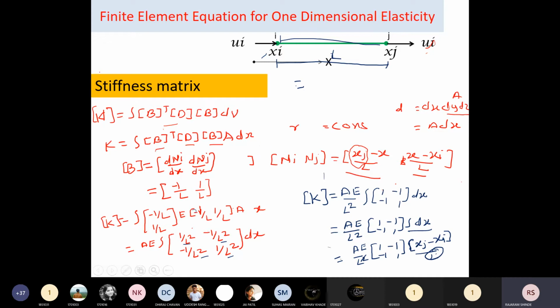So your equation becomes k matrix equal to AE by L into 1 minus 1 minus 1 1. Is it the same as the matrix which we derived in the first unit?